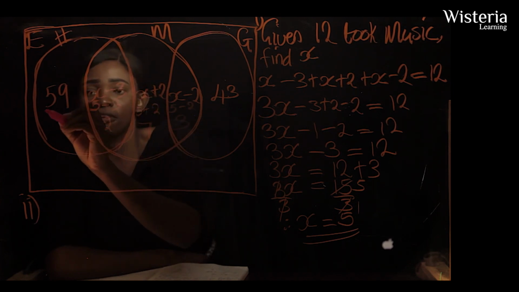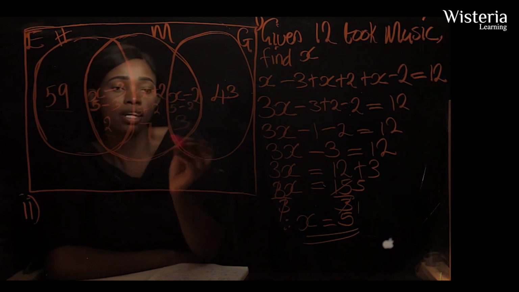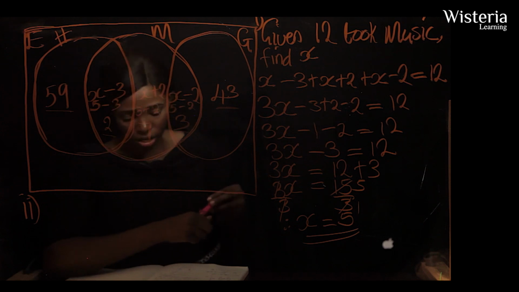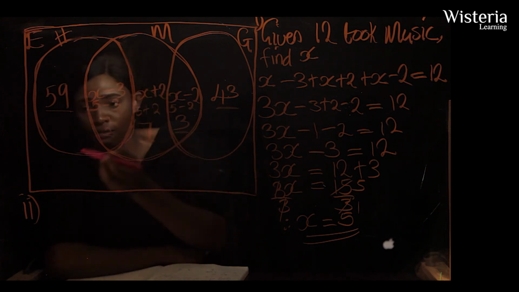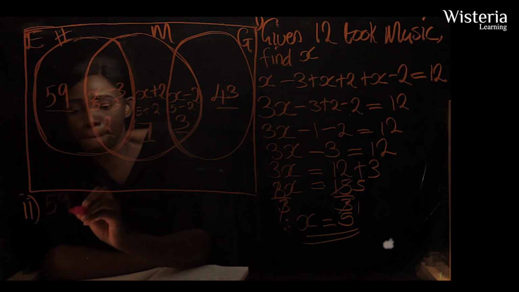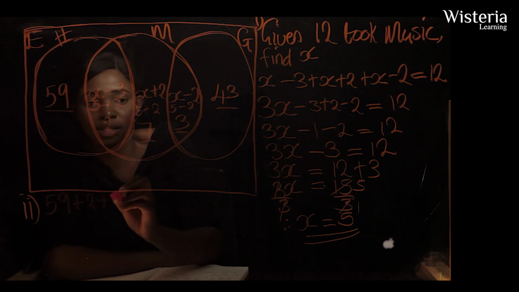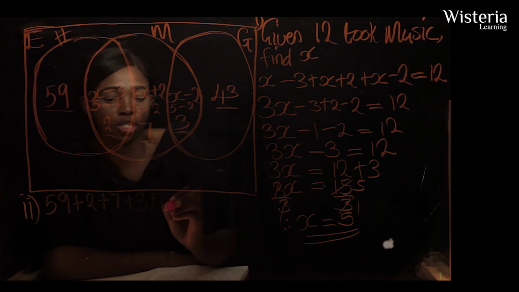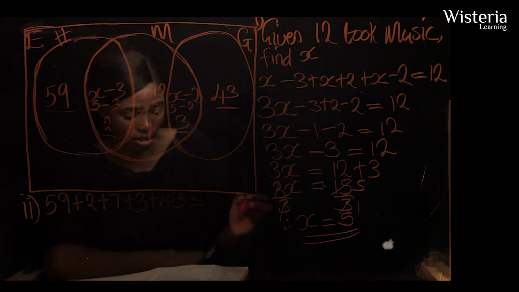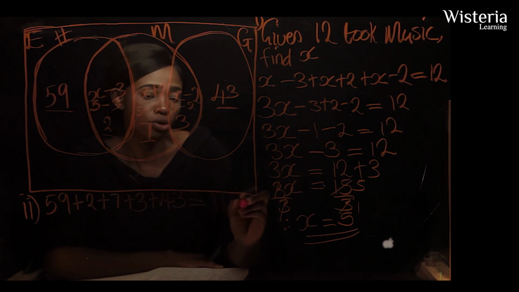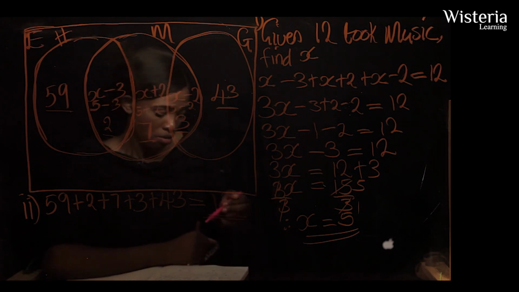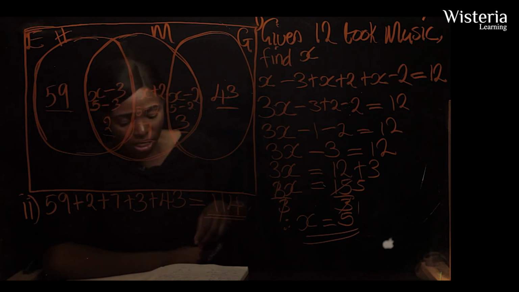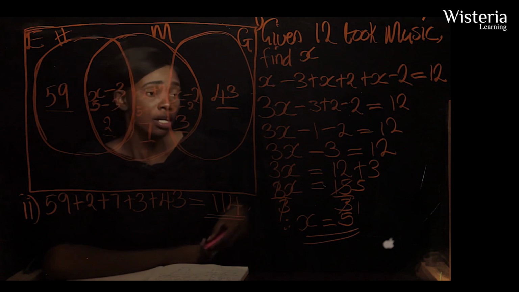So the values that we have are 59, 2, 7, 3, and 43. To get the answer, we add these values: 59 plus 2 plus 7 plus 3 plus 43 gives us 114, meaning there were 114 grade 10 learners in this particular year.